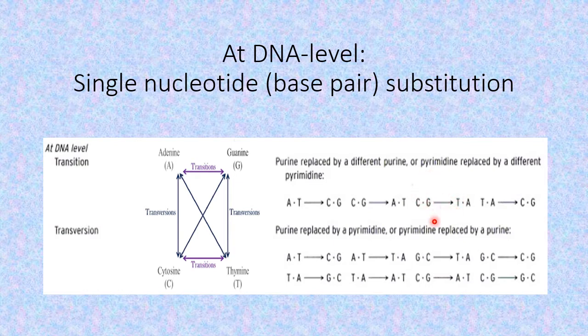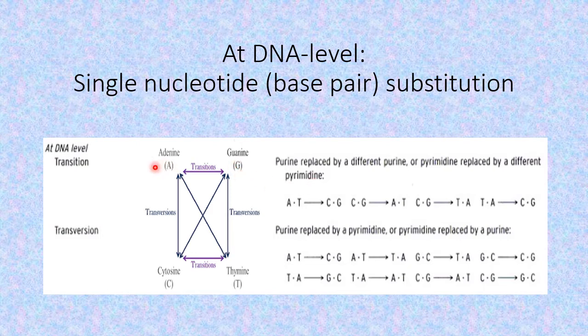So, whether it is a case of transition or transversion, eventually the base pair gets substituted. That is, the AT pair is replaced by the guanine cytosine pair, because if adenine is substituted by a guanine because of any reason, in the second replication cycle this guanine will pair with cytosine.